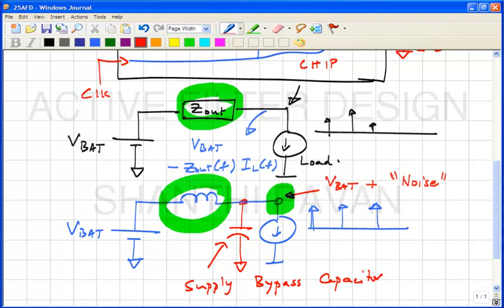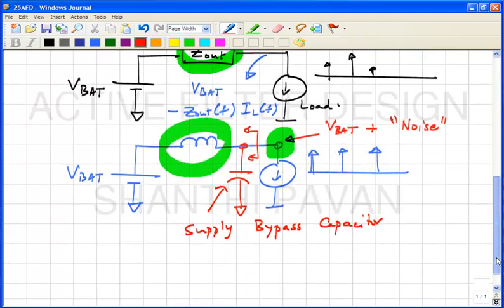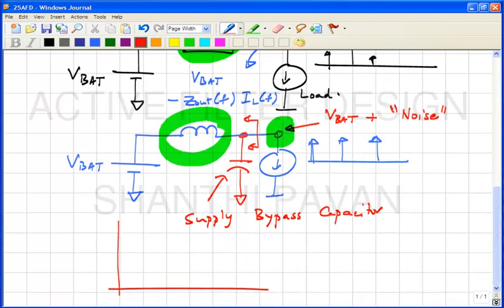Okay. So, what happens to the impedance looking in here now? At low frequencies, what is it? At low frequency, it is 0. Okay. If only the inductor would be there, the impedance would keep increasing with frequency, right.